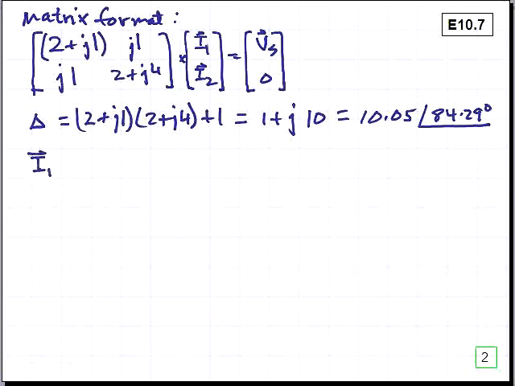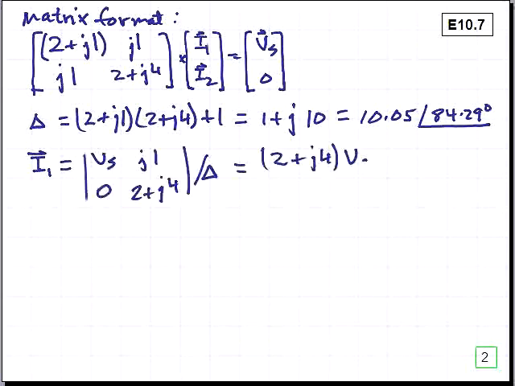Now the solution for the current I1 is equal to (2 plus j4) times V sub S divided by that delta expression.